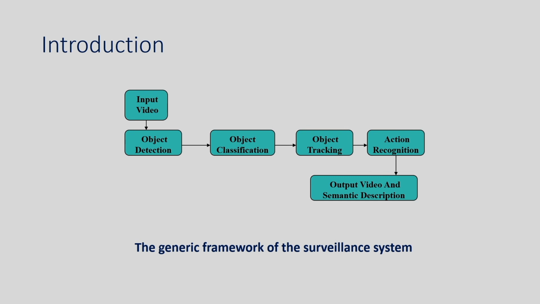After this, we have to detect the objects present in an image or in the video, and after this we have to do the object classification, and after this we can do the object tracking, and after this the action recognition, and the output is the output video and semantic description. This is a generic framework of a video surveillance system.